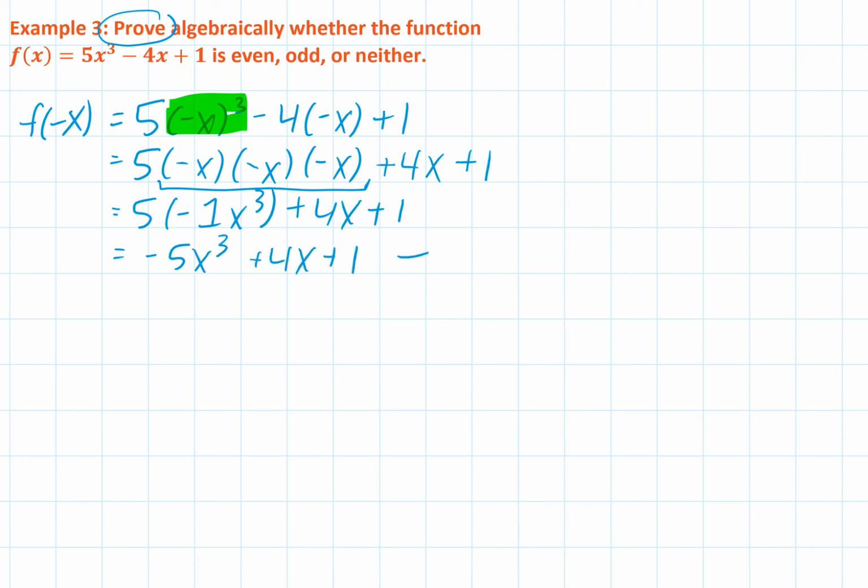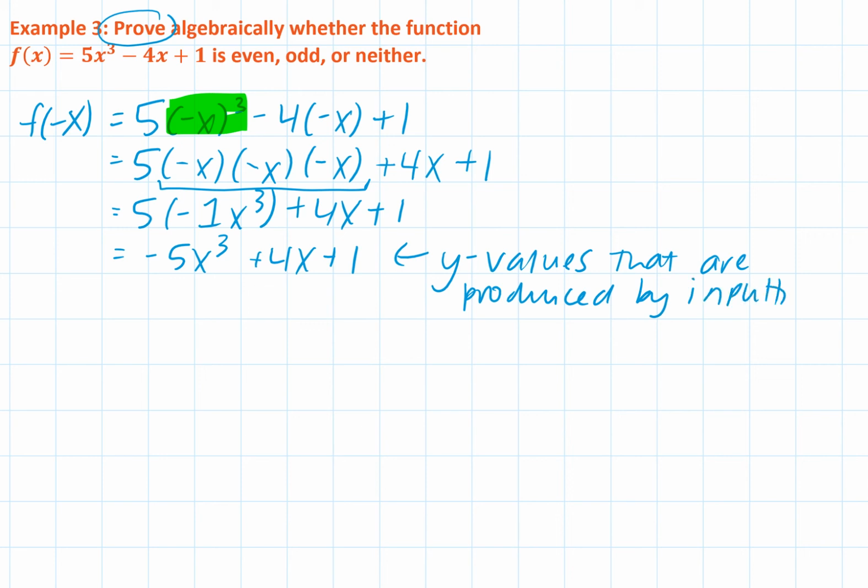Okay, so these are the y values that are produced by inputting or substituting opposite x values, right?